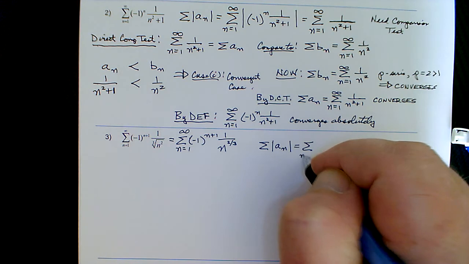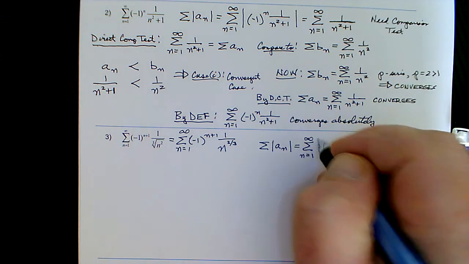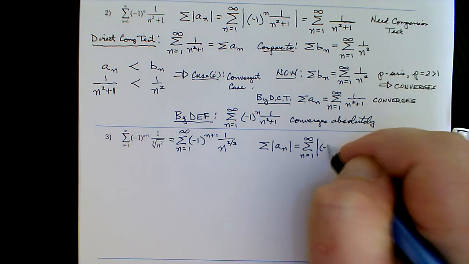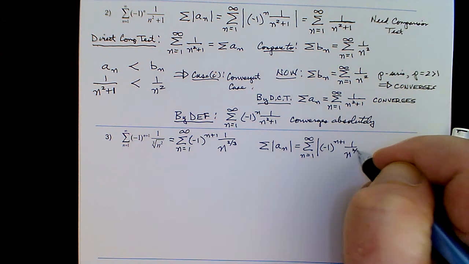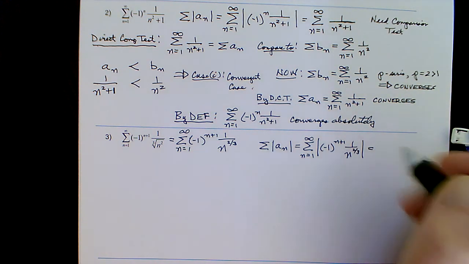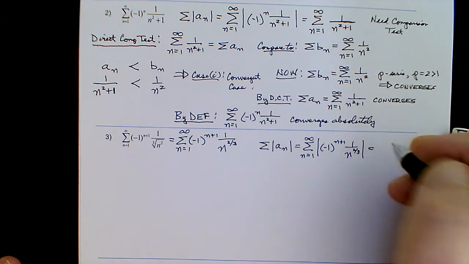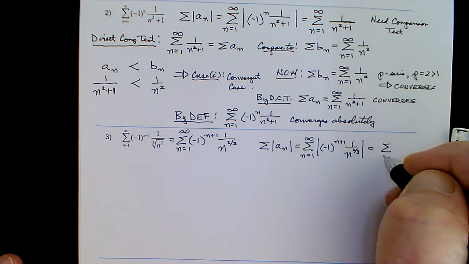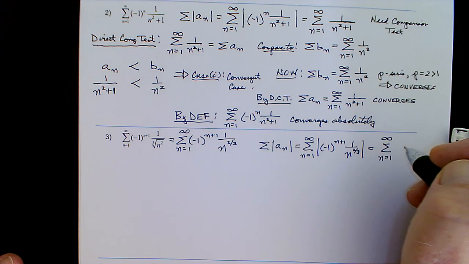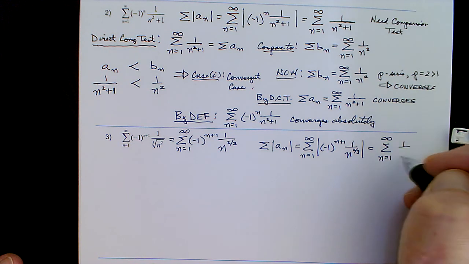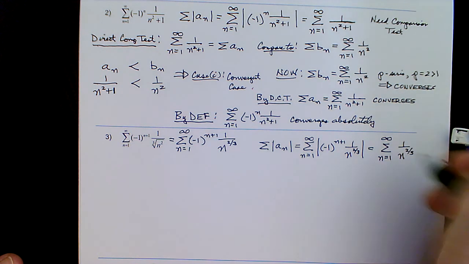So the sum goes from 1 to infinity, absolute value of negative 1 to the n plus 1, 1 over n to the 2/3. Absolute value allows us to drop the alternating factor, so that the sum is, in absolute values, as n goes from 1 to infinity, 1 over n to the 2/3.